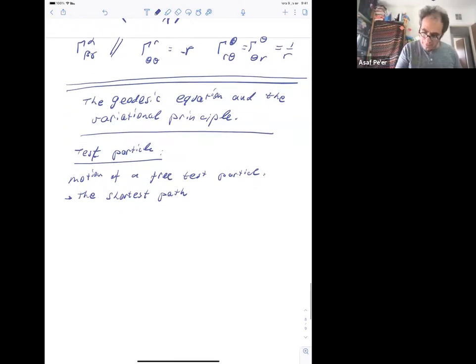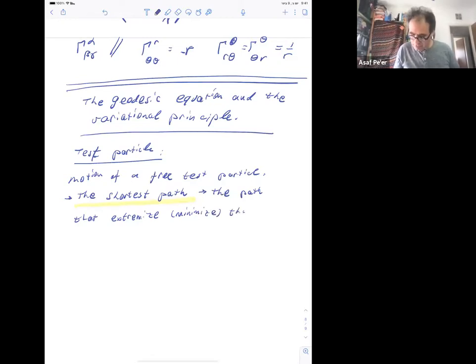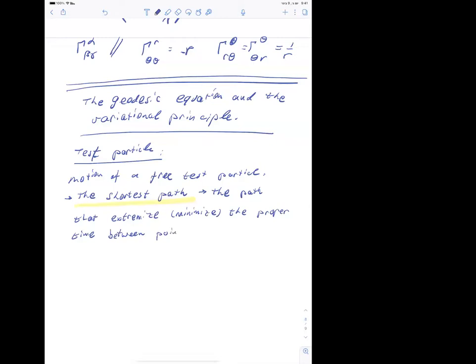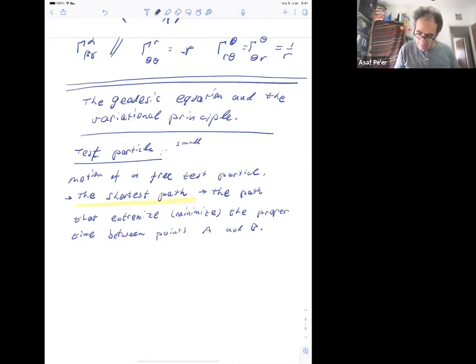The shortest path, meaning the path that extremize, minimize, be more precise, minimize the proper time between points A and B. This particle is small enough such that it does not affect the gravitational potential.